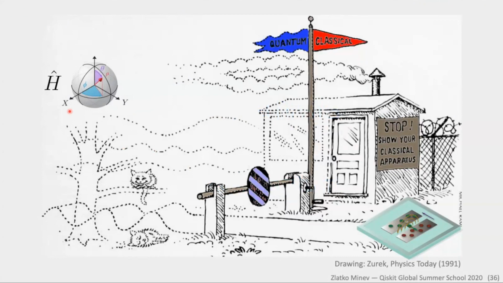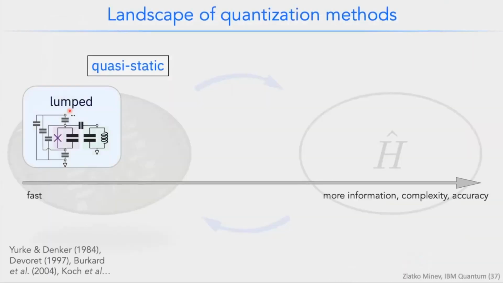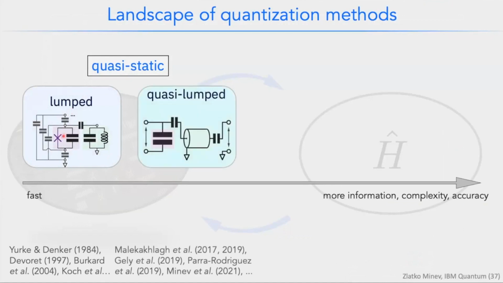Okay, so the next slide is a bit of a more technical slide for the more physics folks in the audience, but let me give you the broad picture and overview. There isn't one technique to rule them all. There's rather a landscape of different scientific work that treats this problem at different levels of complexity, going from the simplest lumped models, which operate in a quasi-static regime, meaning low frequency approximations.